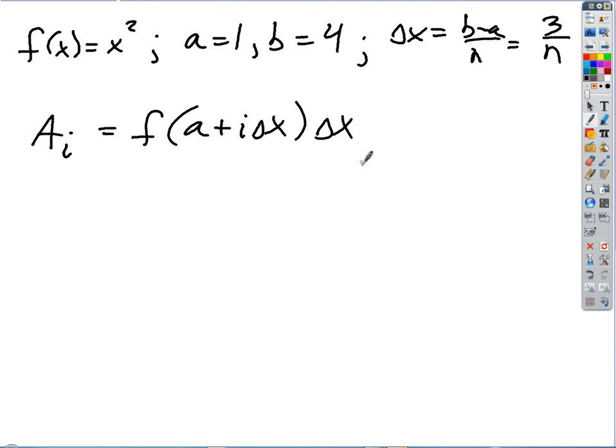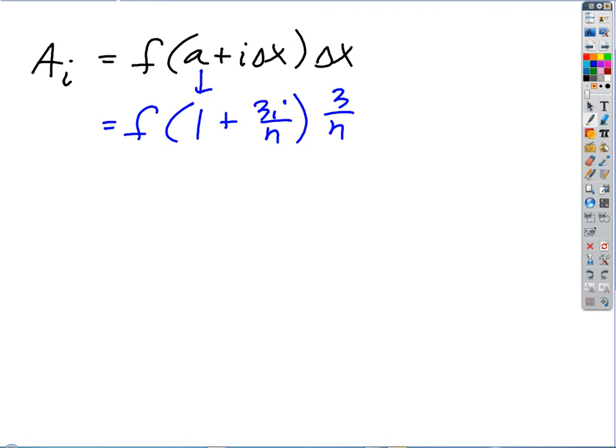Okay. Well, if we get specific then, our function is x squared, a is 1, b is 4, delta x is 3 over n. Right? So this would look like f of 1 plus I times 3 over n, just 3i over n, right? Times delta x, which is 3 over n. And if f of x is x squared, f of junk is junk squared.